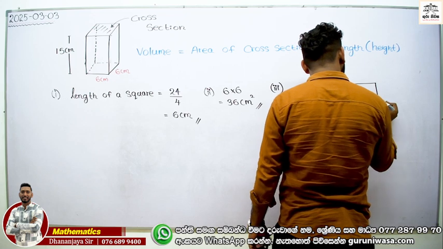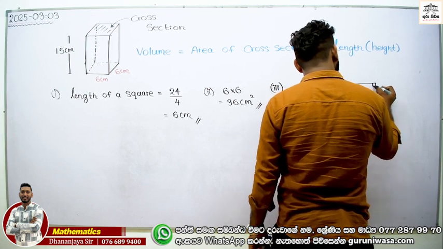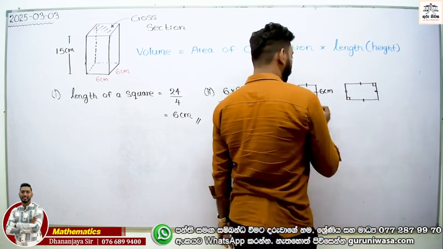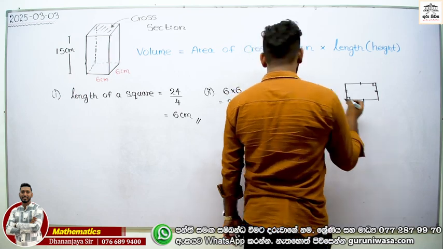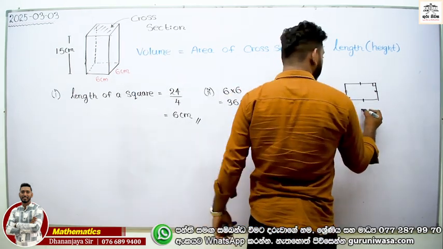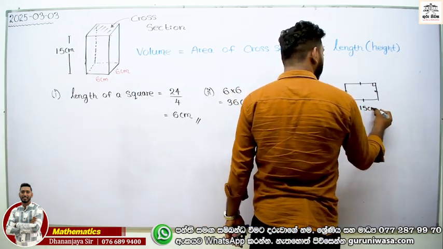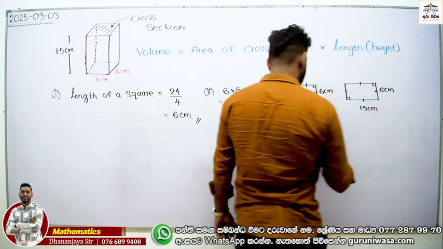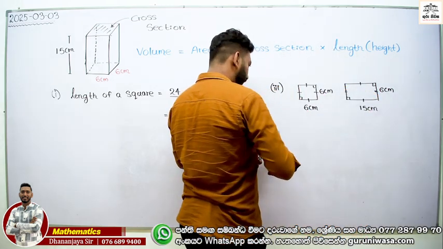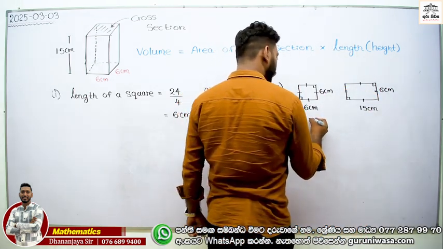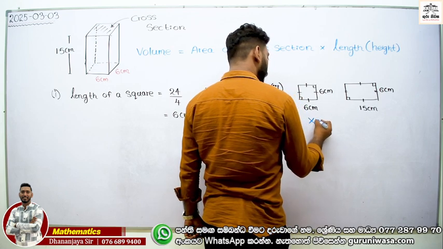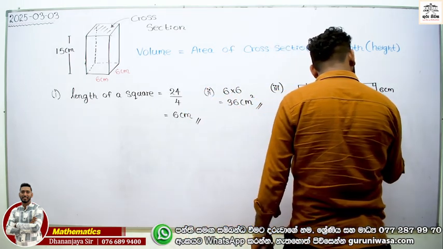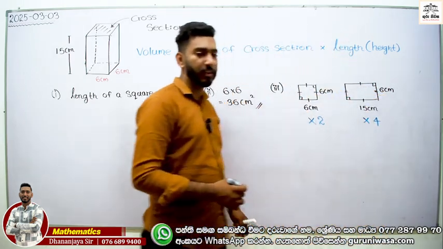තව එකක් තියෙනවා. හා. Ready? It's a rectangular portion. The height is a 15. Therefore, 15 into the 6. මේ වගේ කෑලි double. මේ වගේ ඒවා හතරක් තියෙනවානේ.